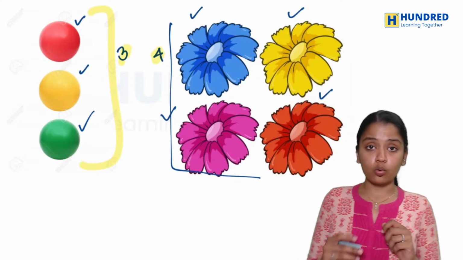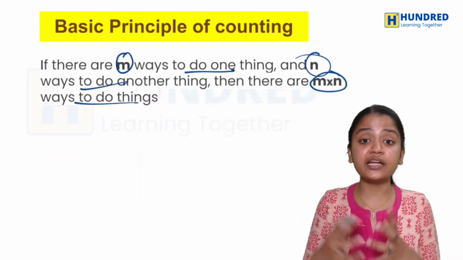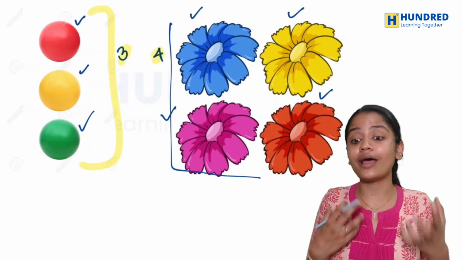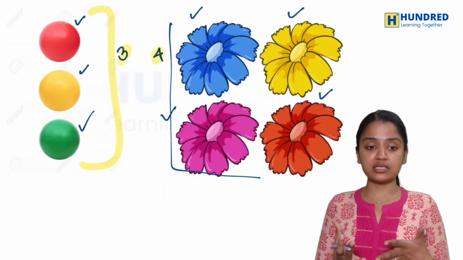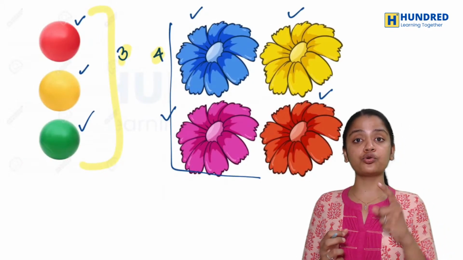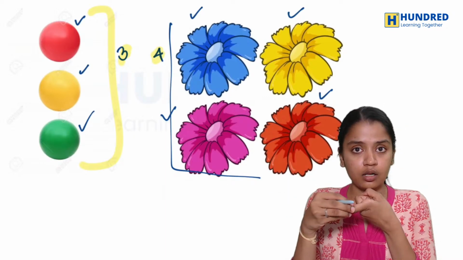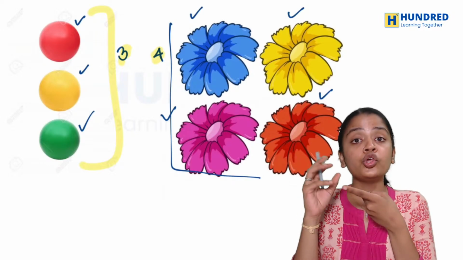Now, how many ways in total can you do things? My question for this figure is: I'm asking you to get one ball and one flower.